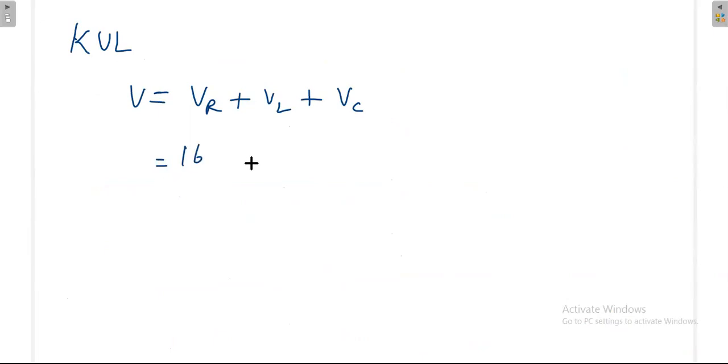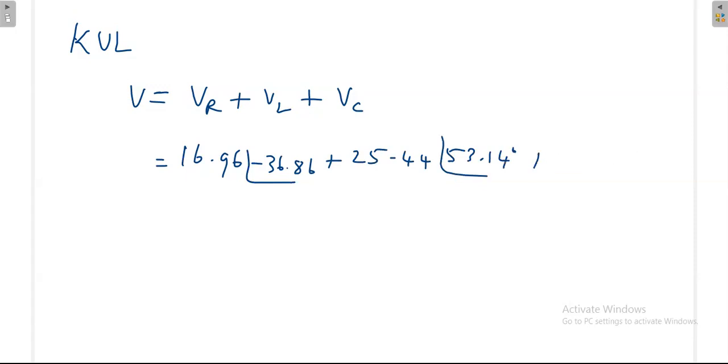VR is 16.96 angle minus 36.86. VL is 25.44 angle 53.14 degrees. And VC is 12.72 angle minus 126.86 degrees.